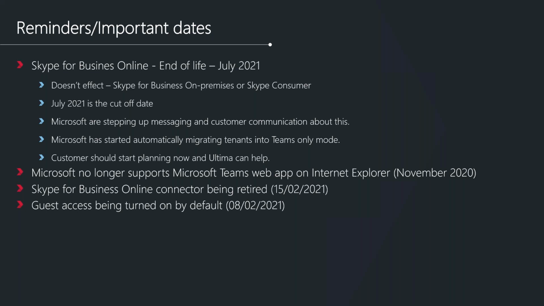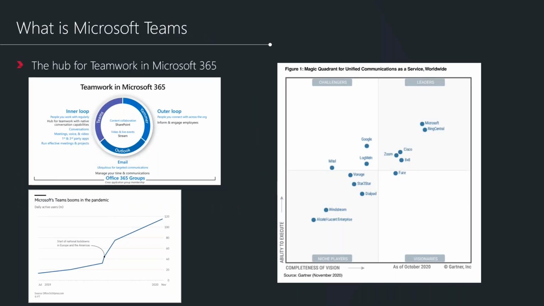But just be aware, if you haven't made a positive choice about whether or how you want that configured, Microsoft are going to default that to on from the 8th of February. So just as a little bit of housekeeping there, and kind of some reminders about important dates coming up and changes coming along. So right, now we can actually start talking about Microsoft Teams itself.